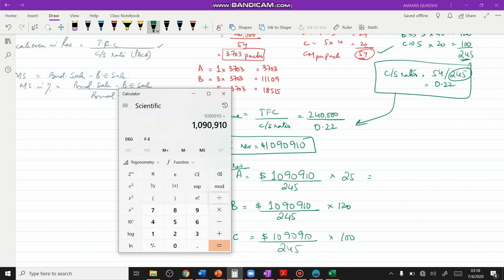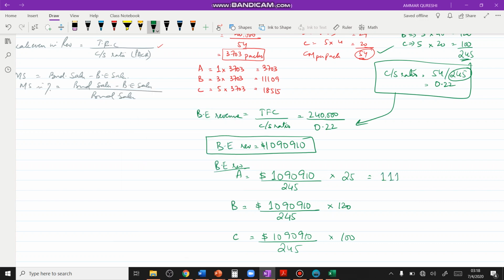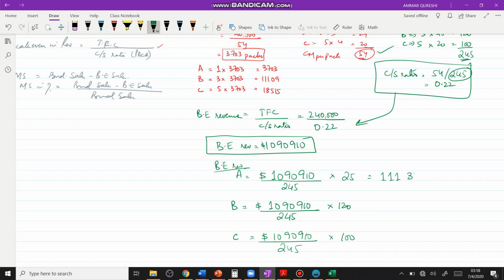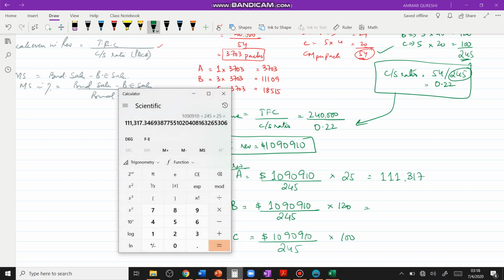1090910 divided by 245 multiplied by 25 makes 111317, right? In the second case, we will repeat this: 1090910 divided by 245 times 120.